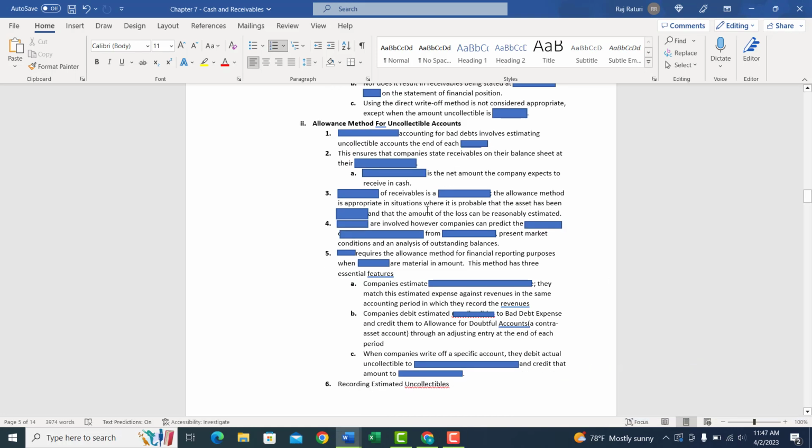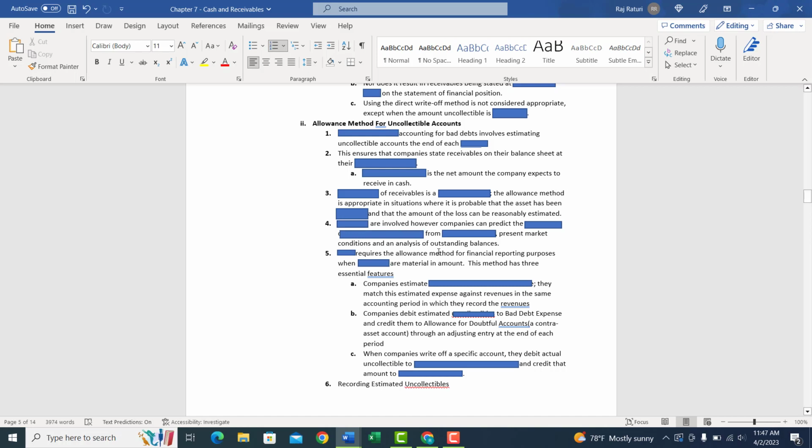So collectibility of receivables is a loss contingency. The allowance method is appropriate in situations where it is probable that the asset has been impaired and that the amount of the loss can be reasonably estimated. Estimations are involved.